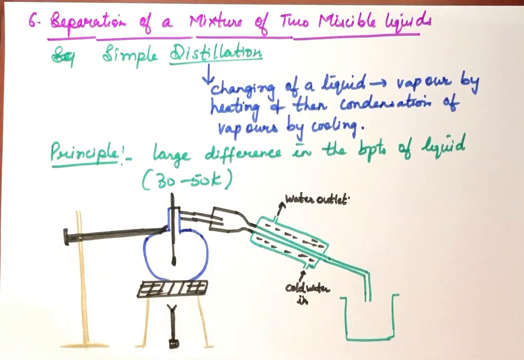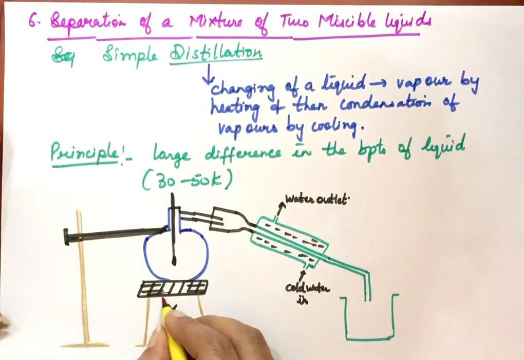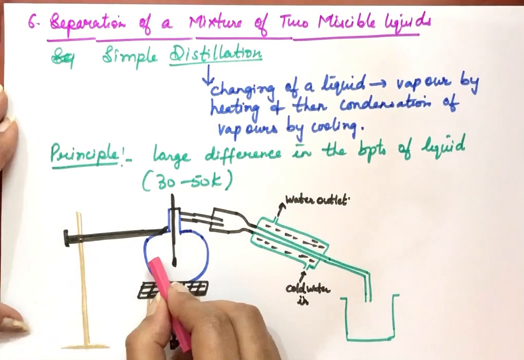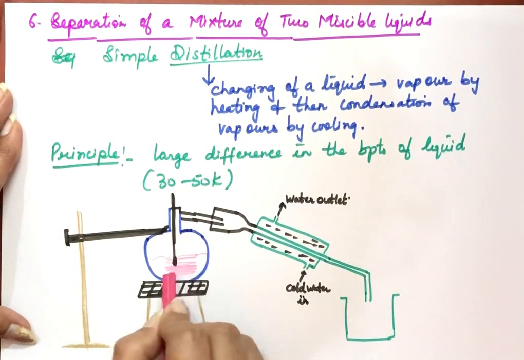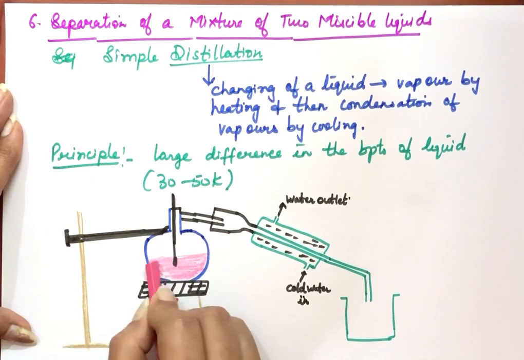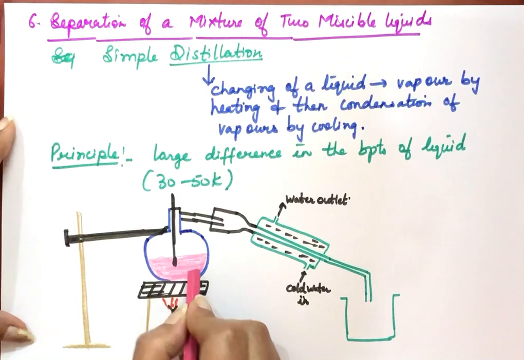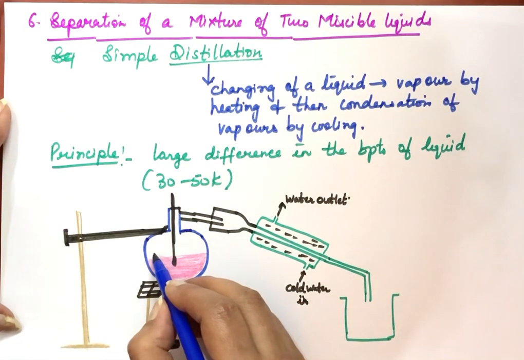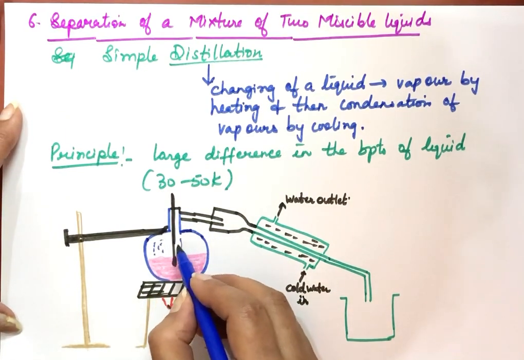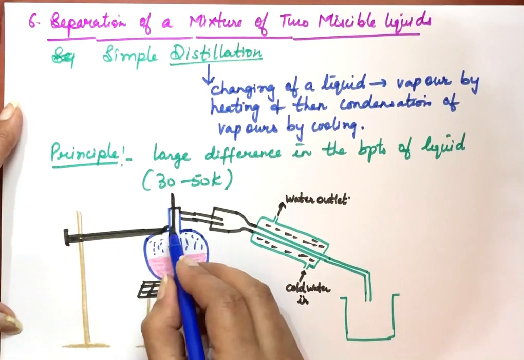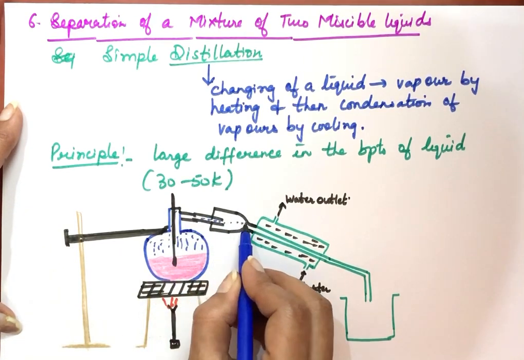So when we heat it, there are two components here. Let's say this is a mixture that we have here. On heating this, there are two liquids in this, with a large difference in their boiling points. What will happen on heating? First, the liquid which has a low boiling point will start changing into the vapor form, and these vapors will come into this condenser.